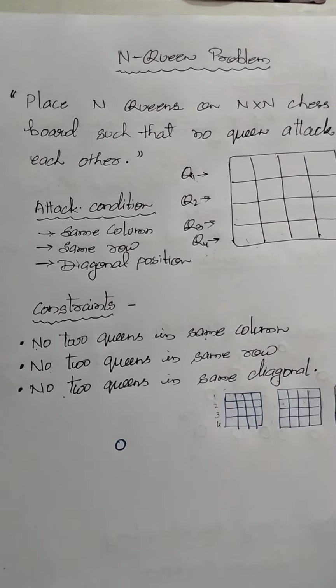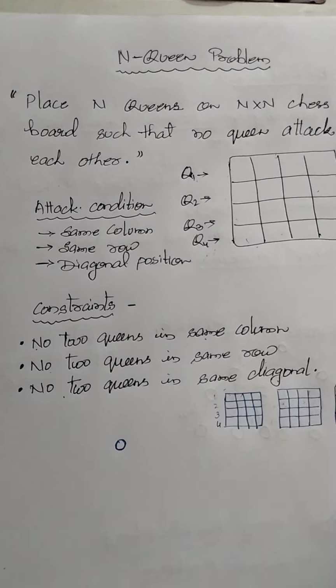For placing queen q3, we move to the next row, the third row, and here we again have options. Can we place q3 in the first column?